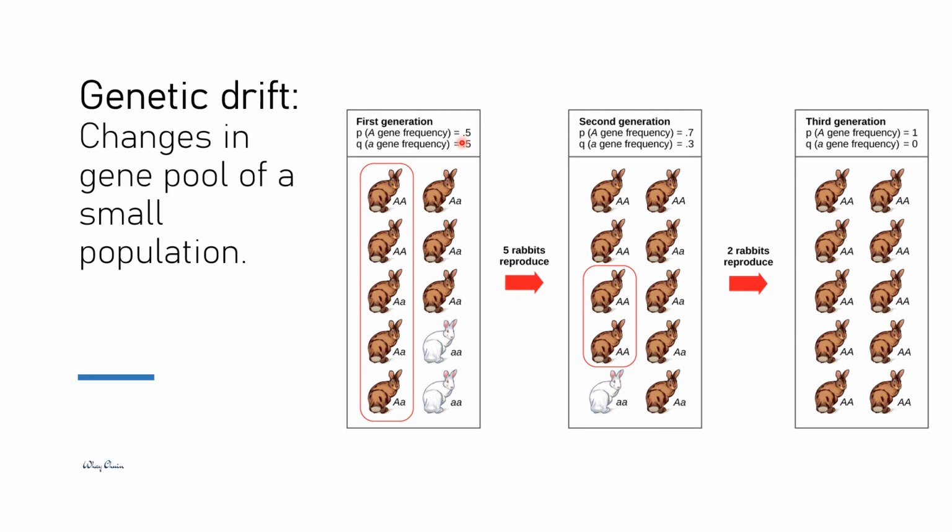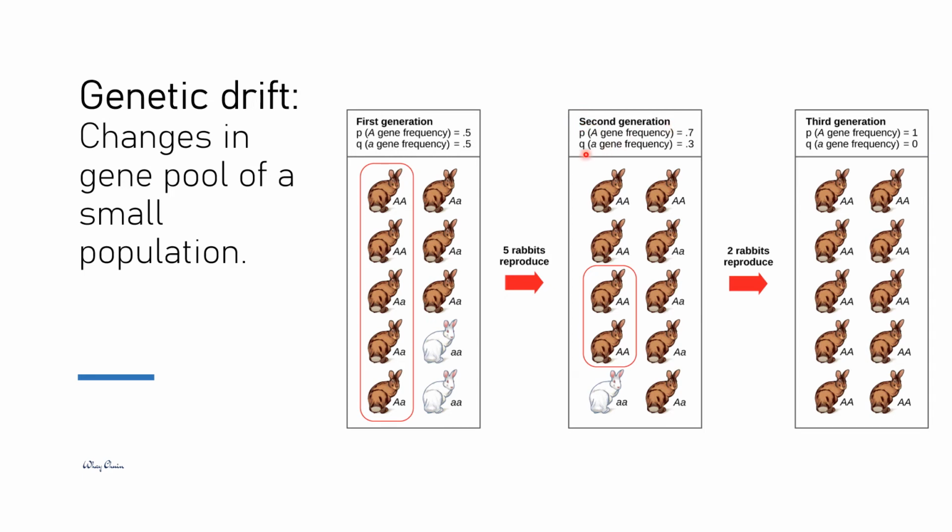Then 5 rabbits from the first generation are able to reproduce sexually and they form the second generation. In the second generation, we notice that the rabbits with the dominant phenotype increase in number. That's why the frequency of the dominant allele, represented by p, is now equal to 0.7.